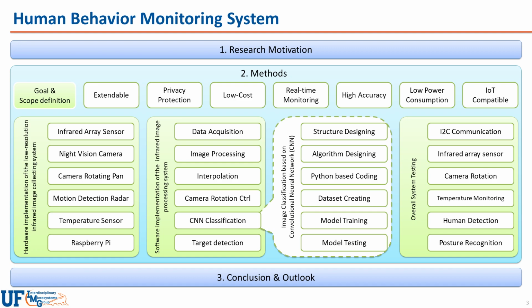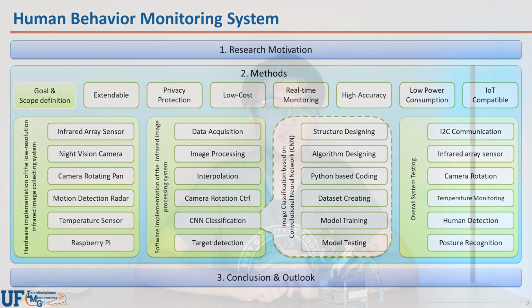We transform this original data and generate, for example, the grayscale infrared image through this algorithm. We also need to do the interpolation, and the camera rotation control is also included in the software part. And one of the most important parts is the CNN classification. This is a deep learning part, and I will talk about it later.